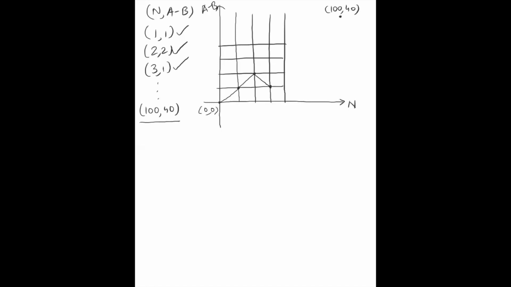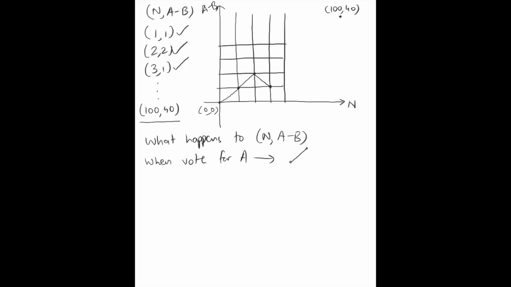Now the point I'm trying to make here is, if you look at what happens to N comma A minus B, when there is a vote for A, notice that you always get a step of this form.